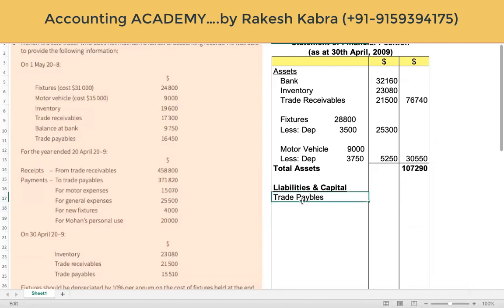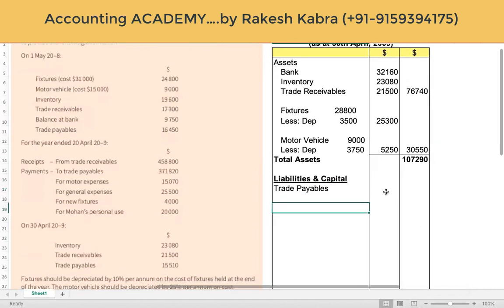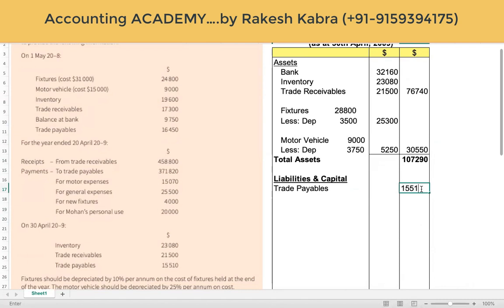What is the amount of trade payables? Closing value I will take, 15,510. And there is no non-current liability, I guess, only one item here. Then I will take capital.